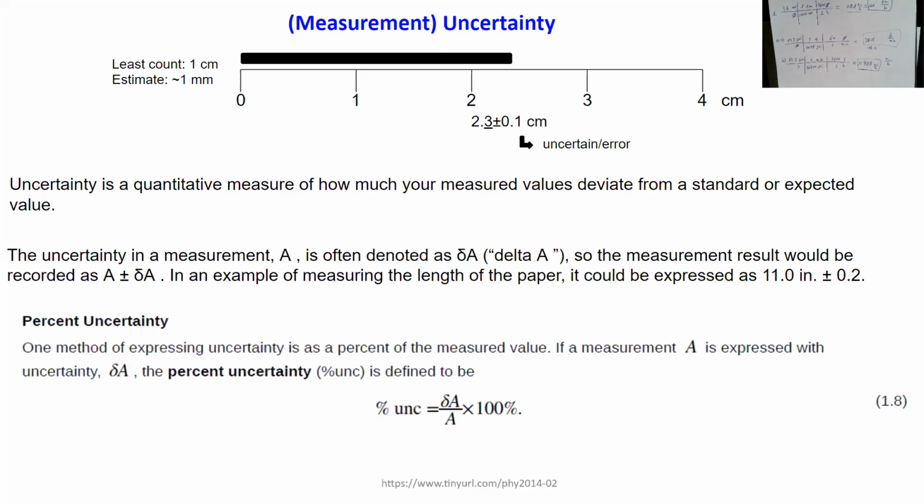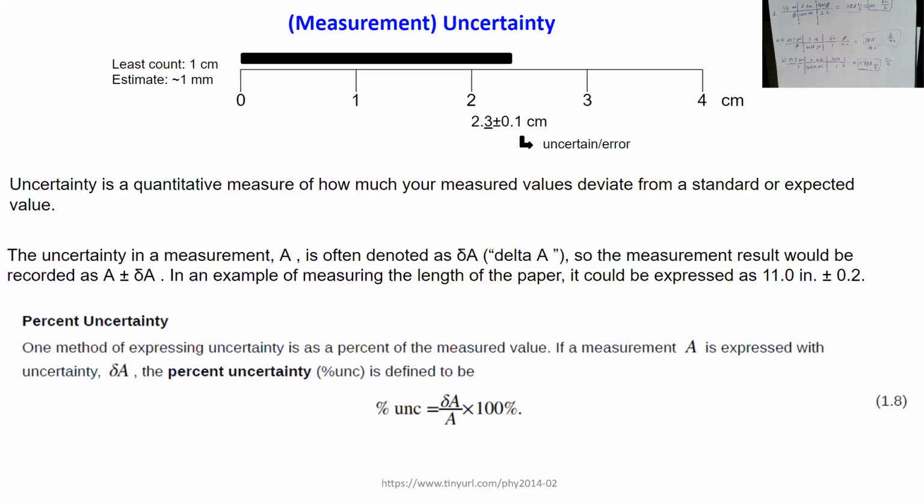There's another way to report, which is with percent uncertainty. In this case, you can write 2.3 plus minus whatever percent this gives you. The percent uncertainty should be your uncertainty of 0.1 divided by the measurement number that you are reporting, 2.3. That gives you something like 4 to 5%.